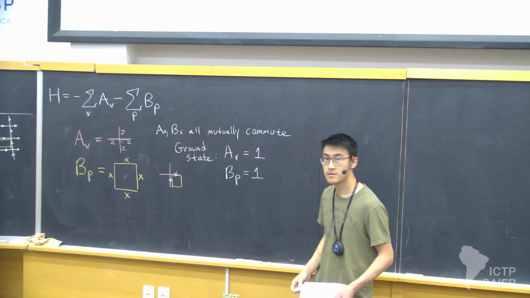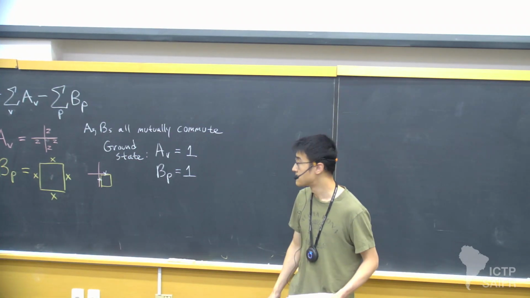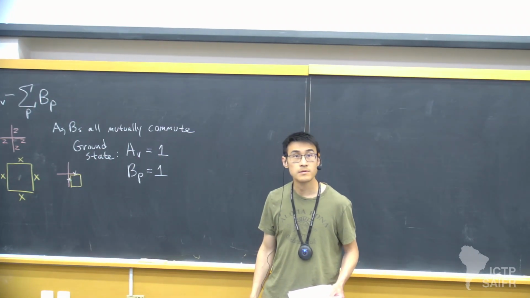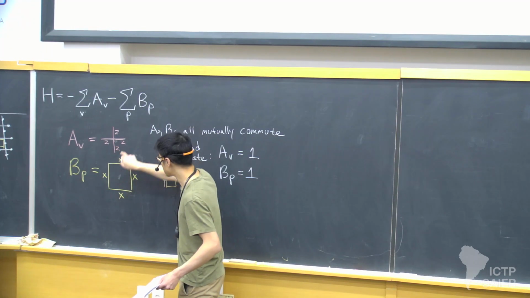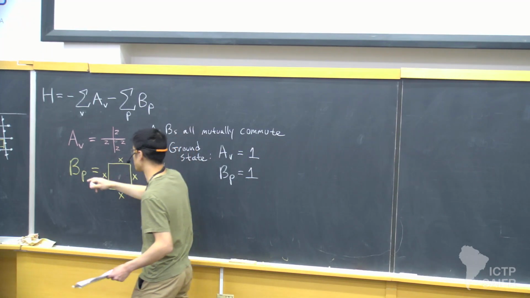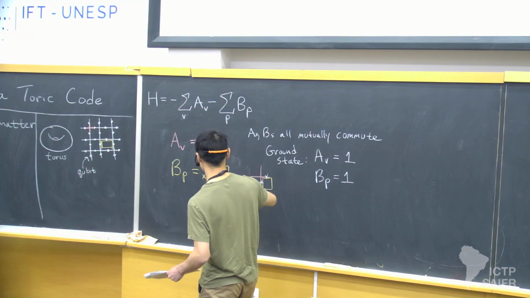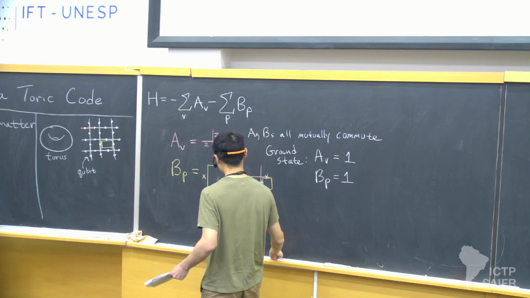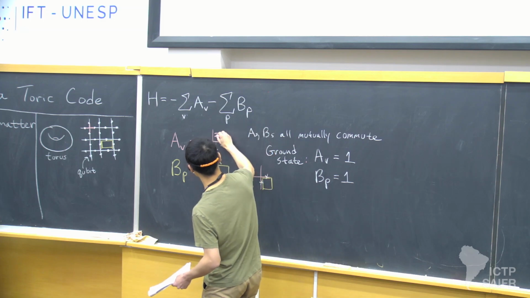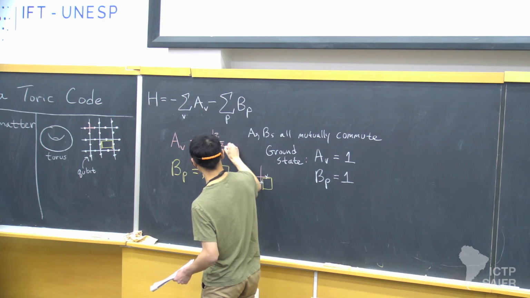Which operators? These? Yeah, sorry, maybe I should. This is pictorially defined. So A_V is just a product of, let's say this is Z1, Z2, Z3, Z4.